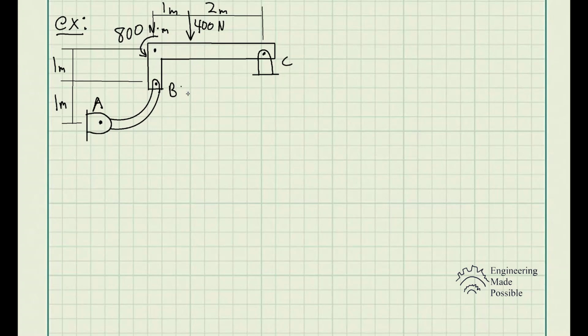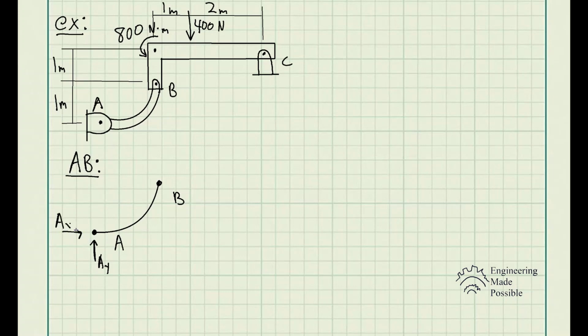So let's go ahead and do member AB. For member AB, we have a reactionary force at A. We have AX and AY.